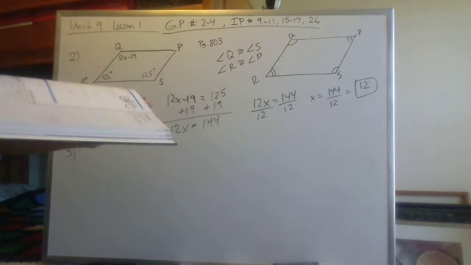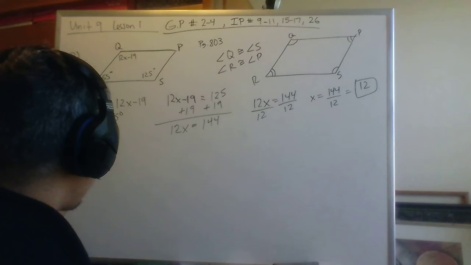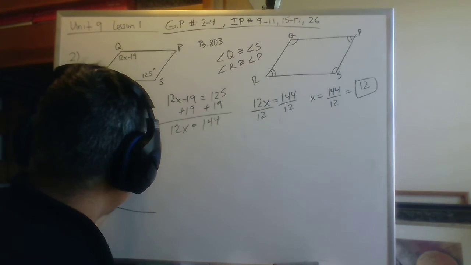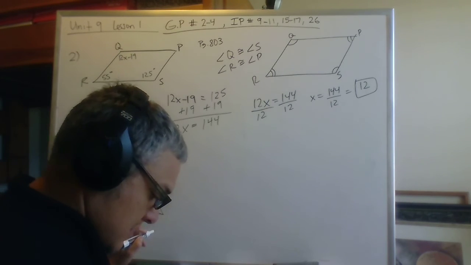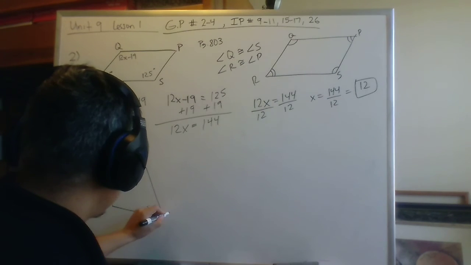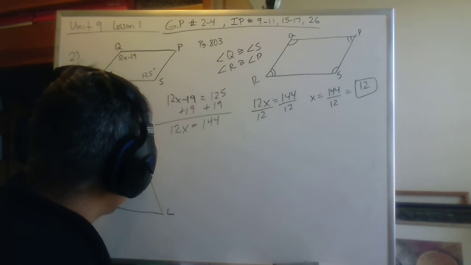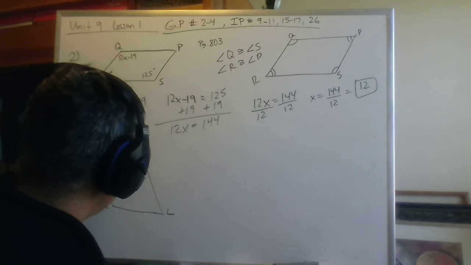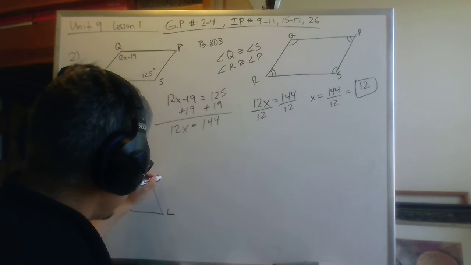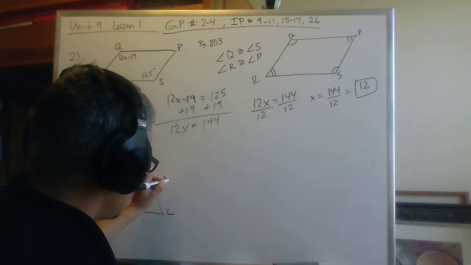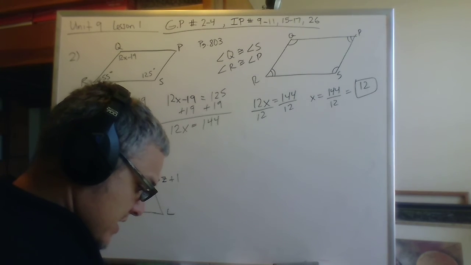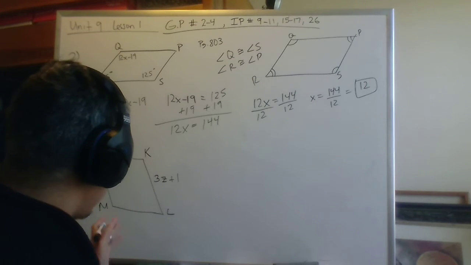So problem number 3, we have a parallelogram just like this, and it is labeled as J, M, L, and K. And we have side JK is 15, KL would be 3z plus 1, KM is 22, and ML is not labeled.